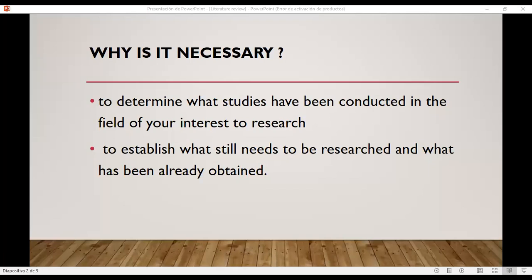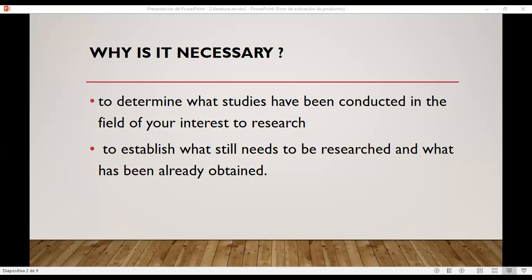But in a literature review, we need to get the data, we need to establish what has been done before in the field we want to research. So why is it necessary? The literature review allows us to determine what studies have been conducted in the field of our interest. What was developed in the past on the topic, the issue, the theme I want to research?